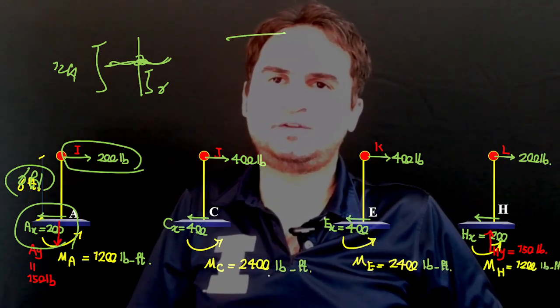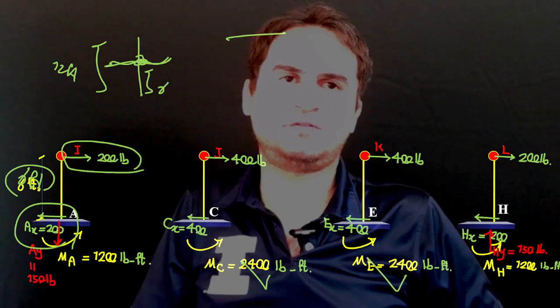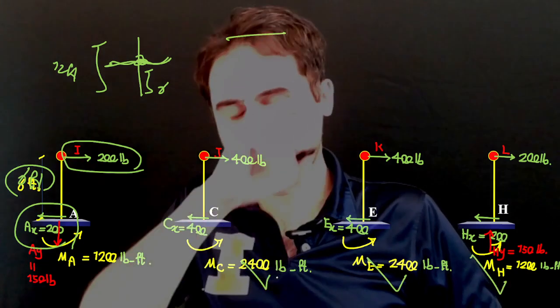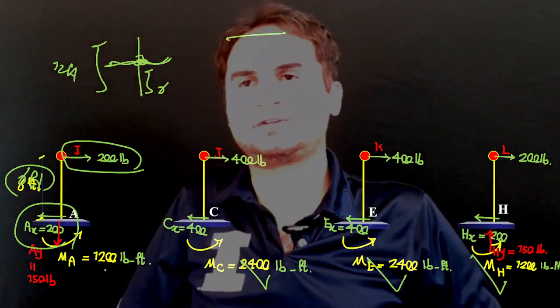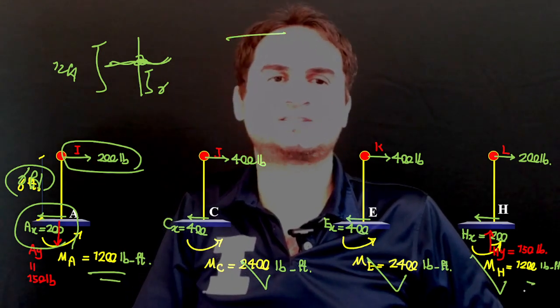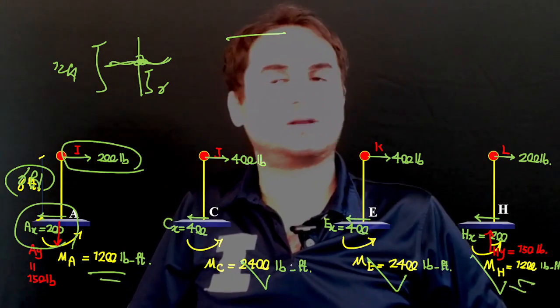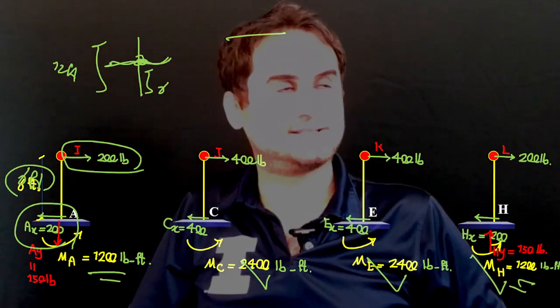Likewise 400, double of that, moment, and H is also 1200. So we can easily see the moment at the sides is half of the moment at the center as well.